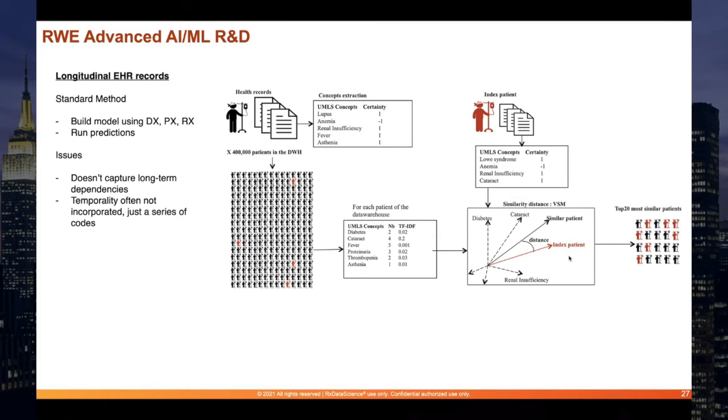EHR records. So typically, you have a set of patients and you want to know in the next 4 months, is the patient going to have a certain type of diagnosis. Generally, we used longitudinal EHR records, and you build models using diagnosis codes, procedure codes, and prescription information.